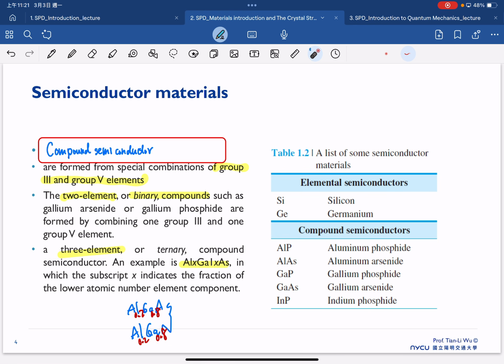This is because we have 20% aluminum and 80% gallium. And the good thing about these 3 element compounds is that we can adjust the content of aluminum and gallium, and then change the material property. That gives us the flexibility to design the material to fit our device needs.